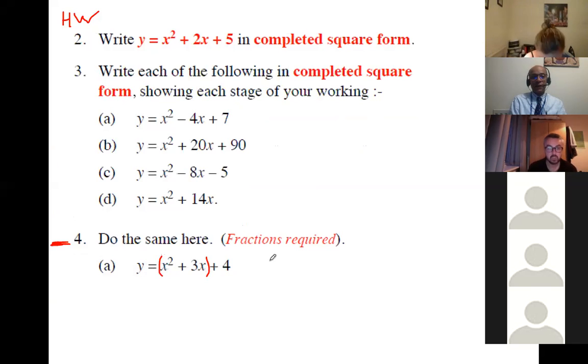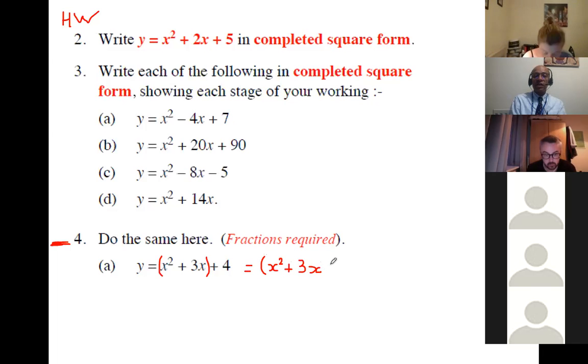So the number we add is half this number in the middle here. So it's 1.5, but we add the square of it. x squared plus 3x. I'm going to add (3/2) squared.